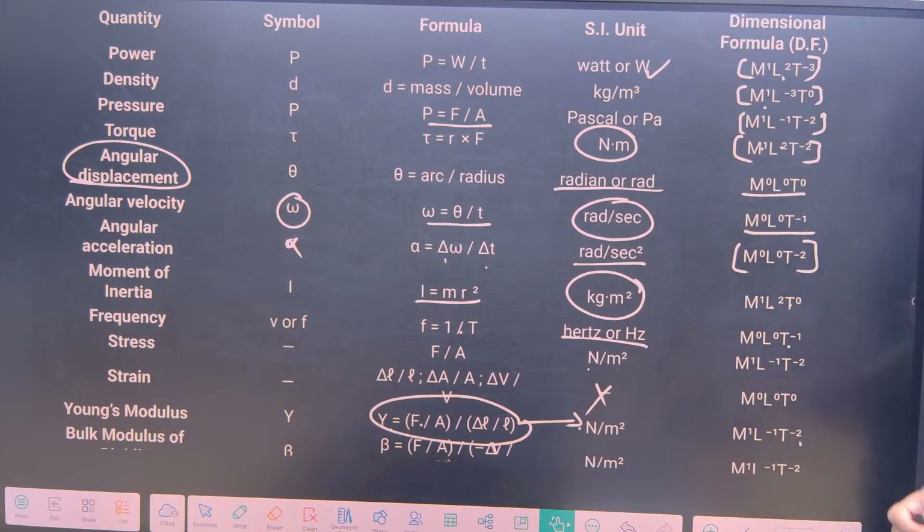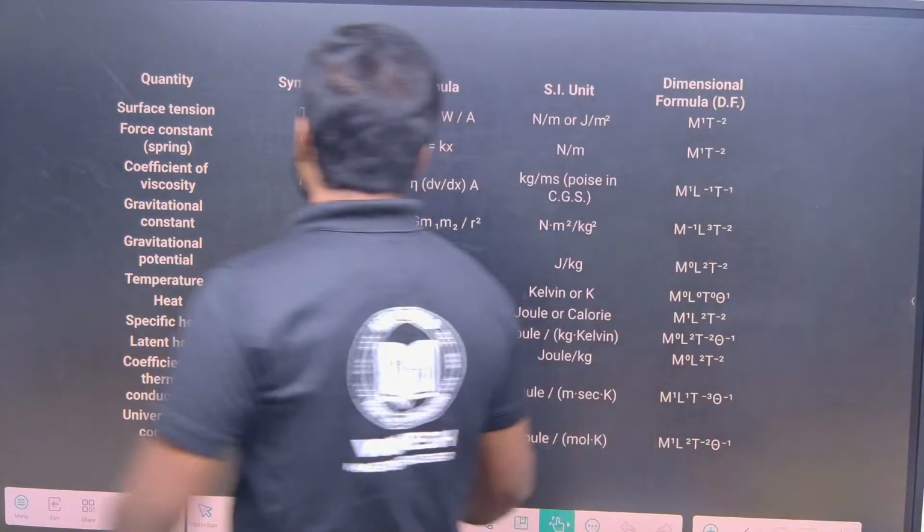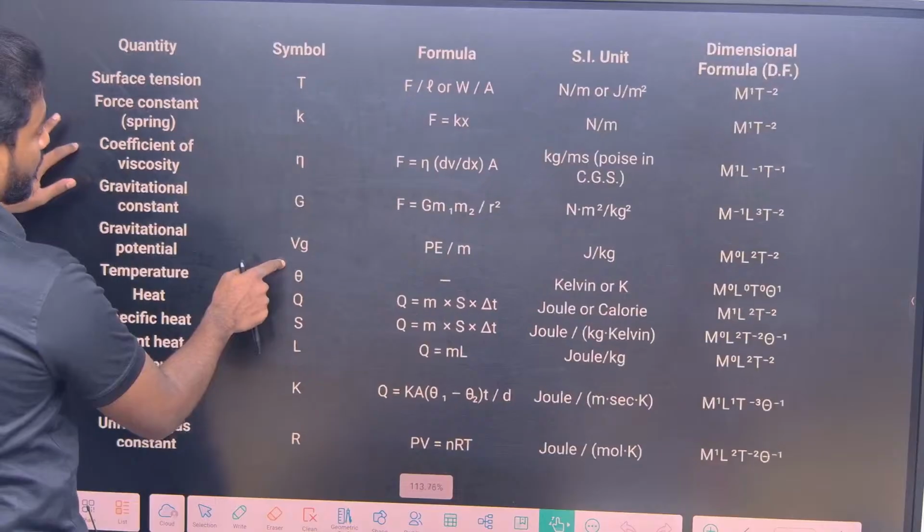Okay, can we go for the next one? Yes. So some more quantities we'll see.